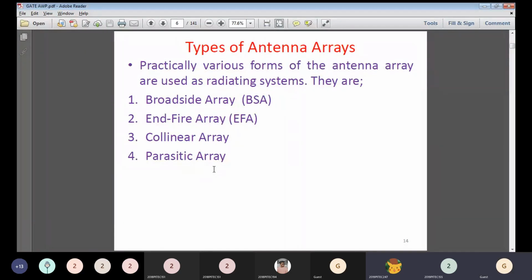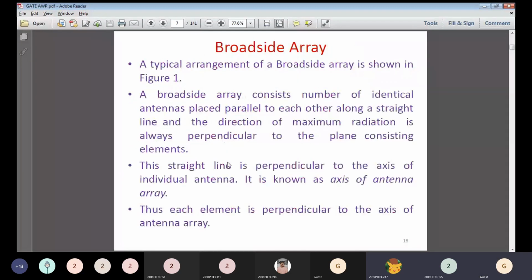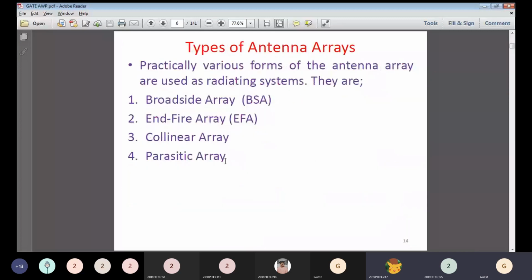Finally, you have to know the formulas to find the directivity, half power beam width, and fractional beam width in all those cases. Also you have to consider the n element array and pattern multiplication. Pattern multiplication is very important in the antenna array concept.